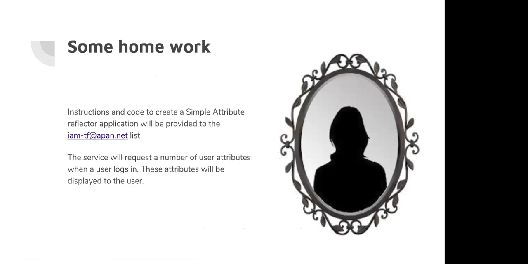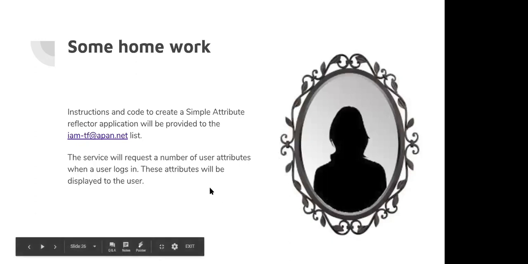It should be taskforce-IAM. This service will request a number of user attributes when the user logs in, and the attributes will be displayed back to the user, so the user can see that the attributes are what they expect. It's basically an attribute mirror, which is why I've got a sort of pretty picture of a mirror there.